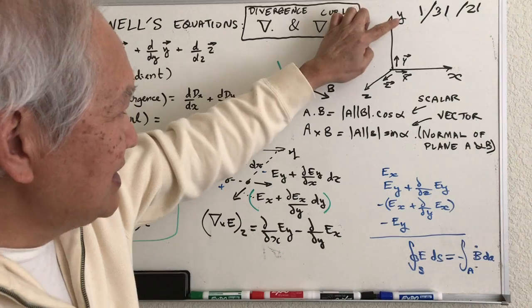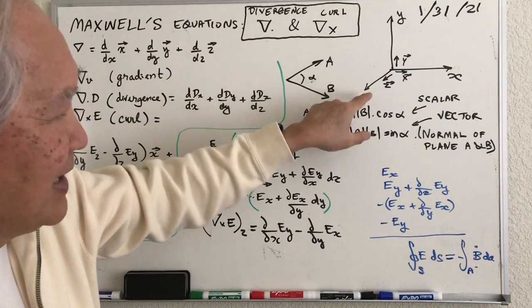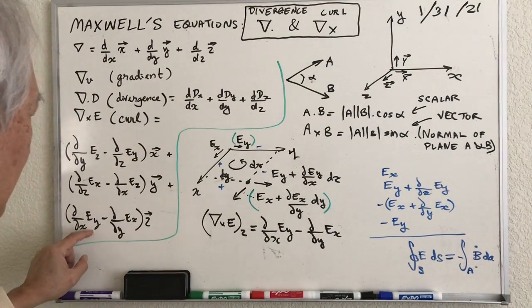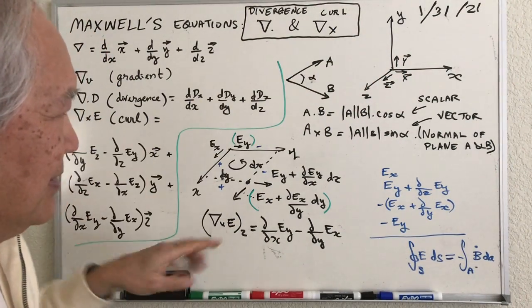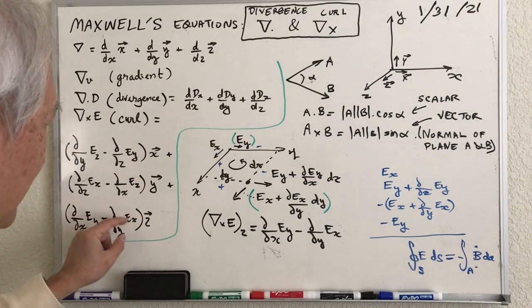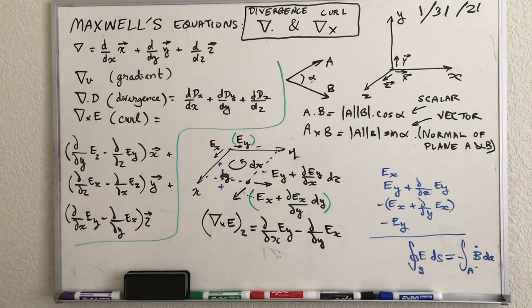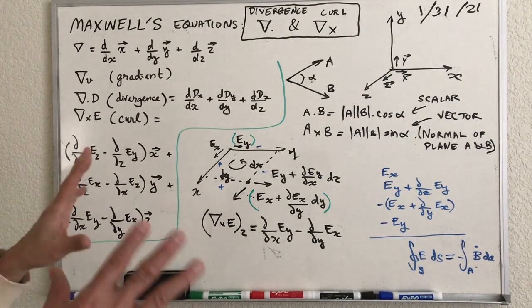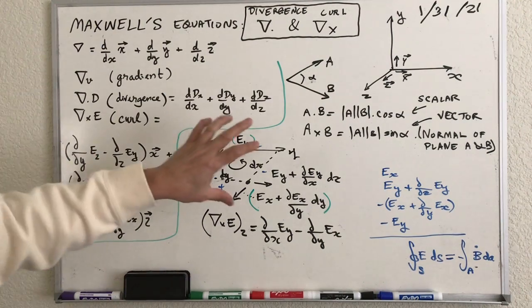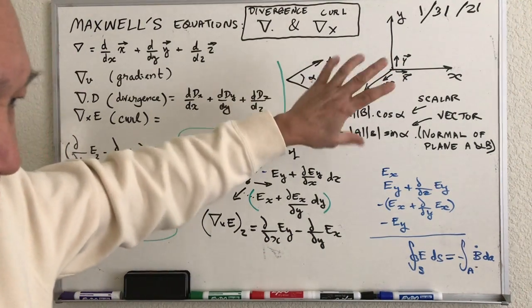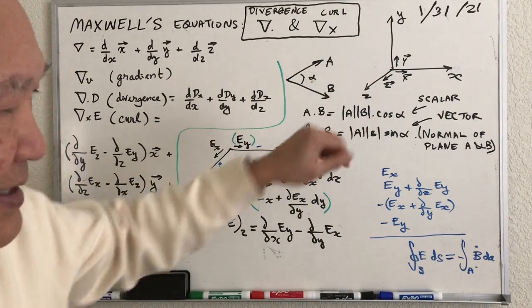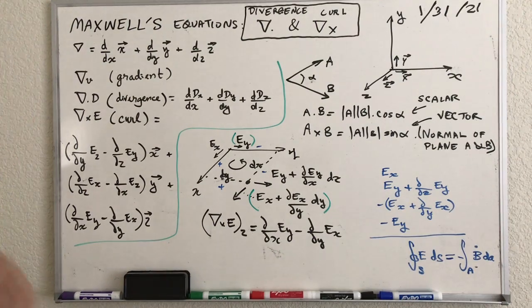For the z direction, you take the differential with respect to x of the y component minus the differential with respect to y of the x component. Trust me, it will become very natural after you write it and think about the right hand three finger rule of x times y is z, and then that order.